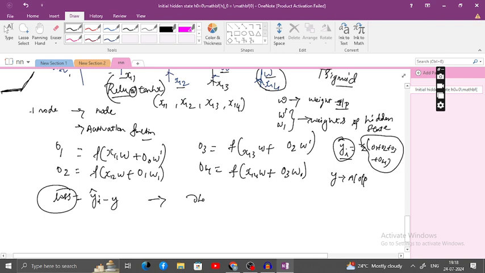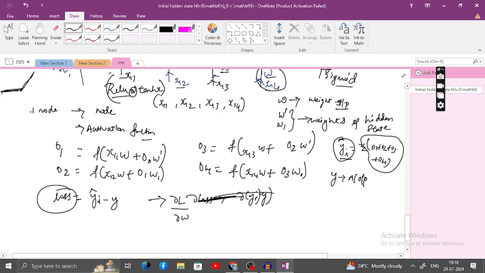Differentiate this loss. What is this? Dou of yi minus y. Instead of yi minus y, I will write dou L, the loss. With respect to what are you going to differentiate? With respect to weight. You are going to differentiate this with respect to weight.